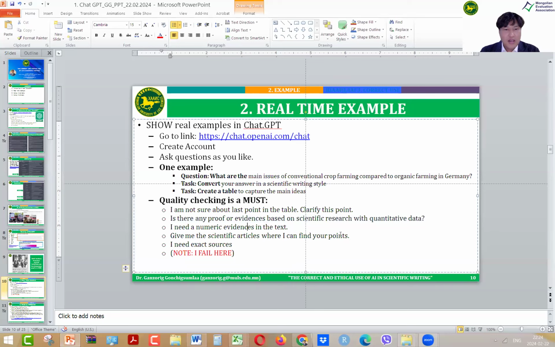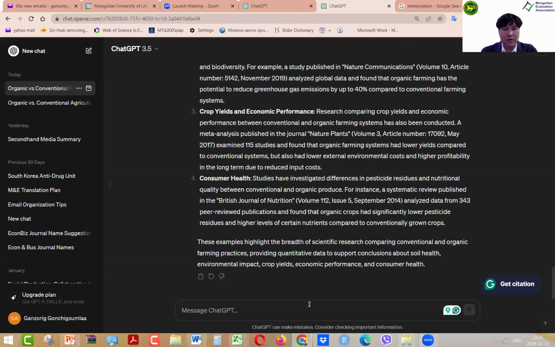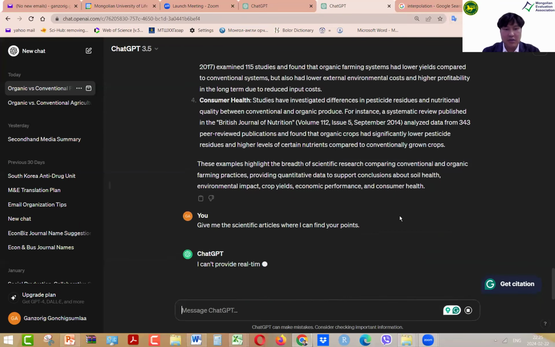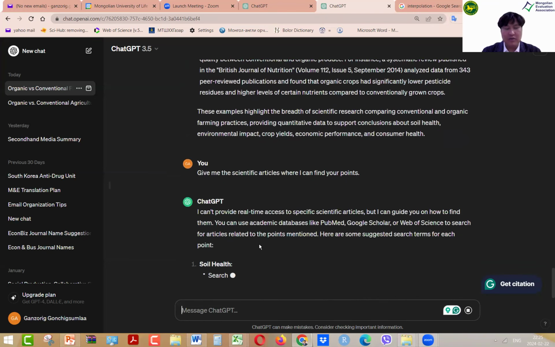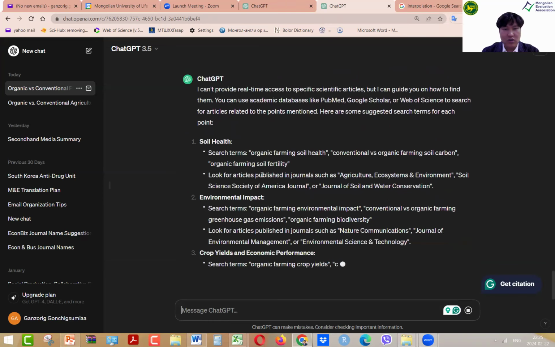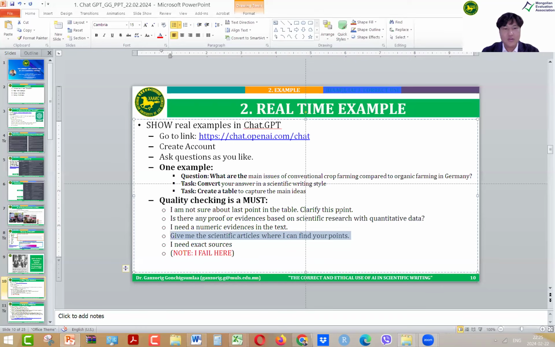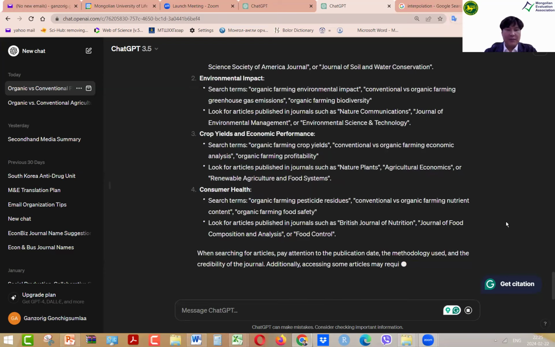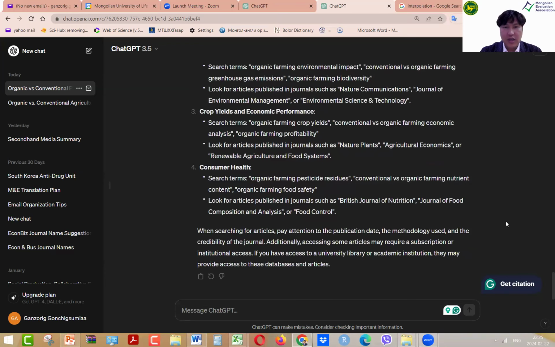And I can further ask, give me scientific articles where I can find your points, and it says it can't provide them. That means it cannot, but it can give me some ideas, like what journals you can look in. So you fail here, because ChatGPT does not provide you the original link or original title of the article or original resource.